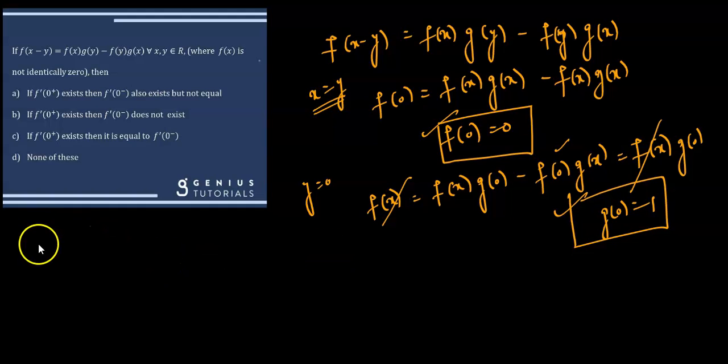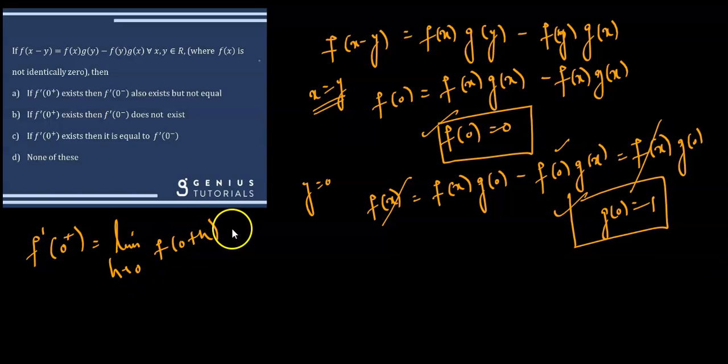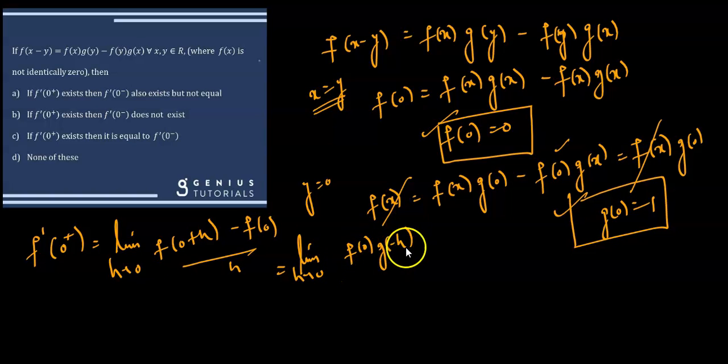Now if I calculate f dash 0 plus, what will it be? It will be the limit as h approaches 0 of f(0 plus h) minus f(0) upon h, and it comes out to be the limit as h approaches 0 of f(0) g(minus h) minus f(minus h) g(0), divided by h.